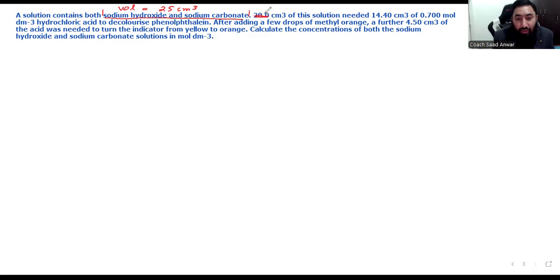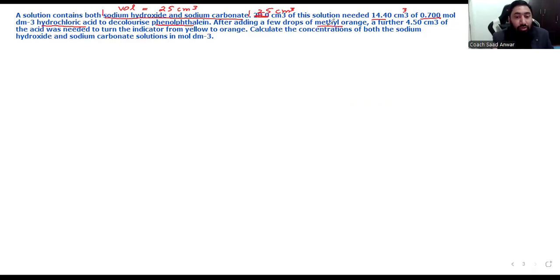It is basically 25, not 20 centimeter, my bad. 25 cm cube of this solution needed 14.40 cm cube of 0.7 moles hydrochloric acid to decolorize phenolphthalein. So that is talking about the first stage, where the indicator is phenolphthalein. After adding a few drops of methyl orange.